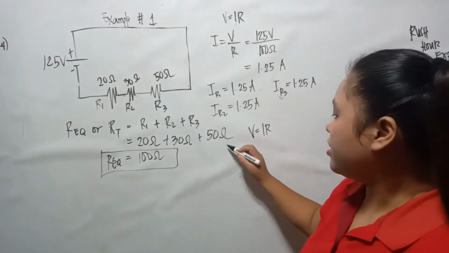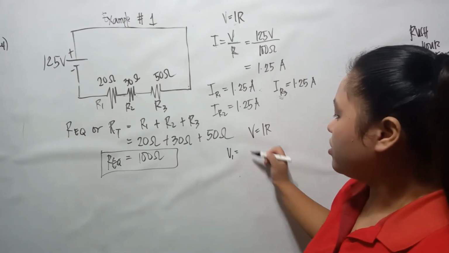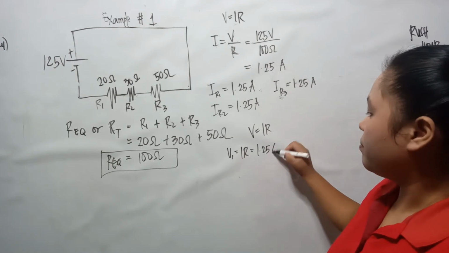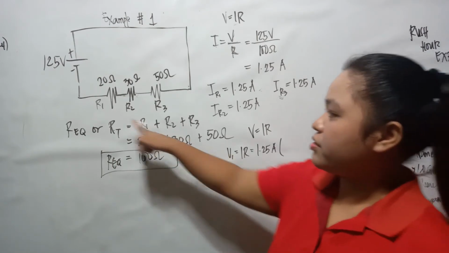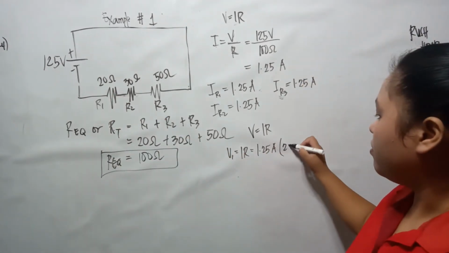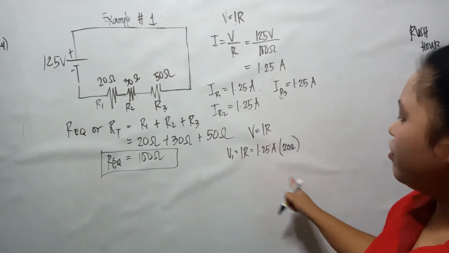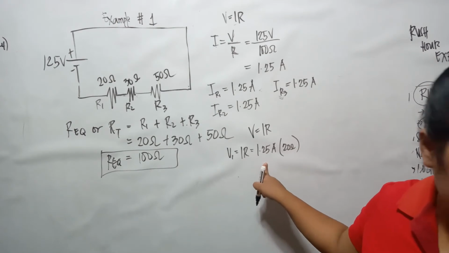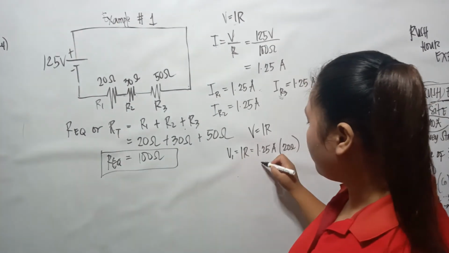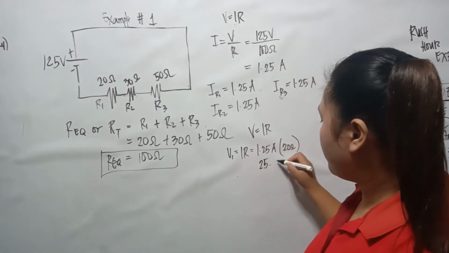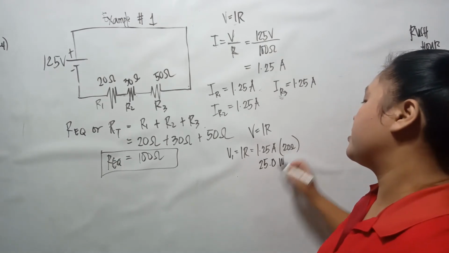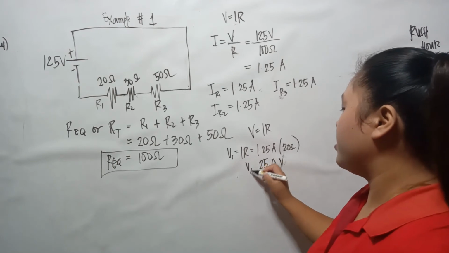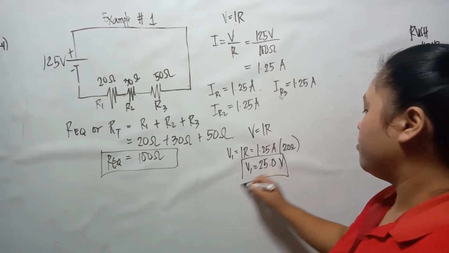So we have V1 is equal to IR. The current is 1.25 amperes multiplied by the resistance, 20 ohms, which is equal to 25 volts. So V1 is equal to 25 volts.